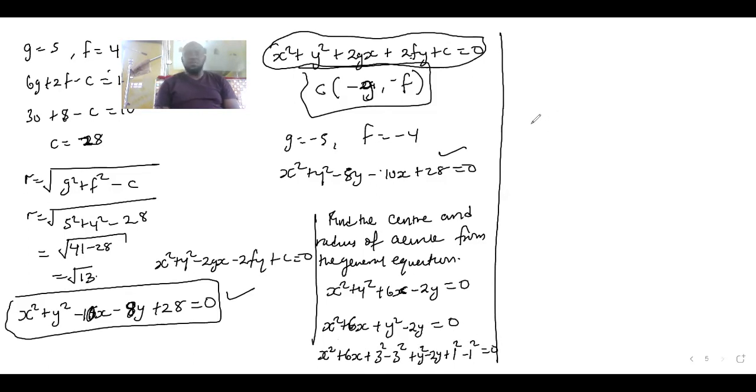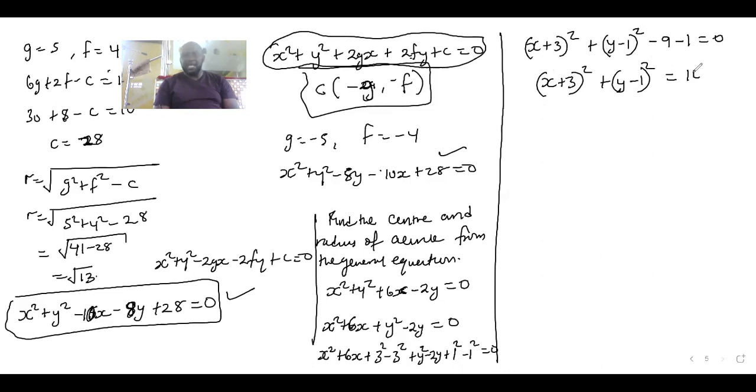I expect you to be very good at completing squares now, because you are at the climax of advanced mathematics. So you will see that you have x plus 3 squared plus y minus 1 squared minus 9 minus 1 is equal to 0. With this, you can conclude that x plus 3 squared plus y minus 1 squared is equal to 10.